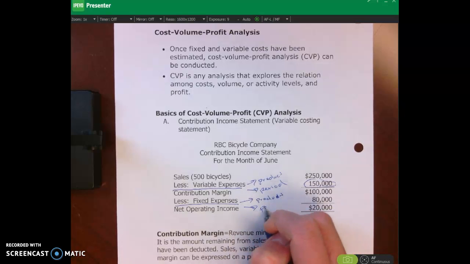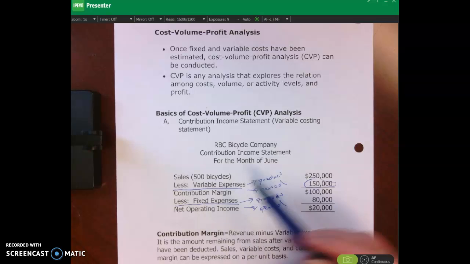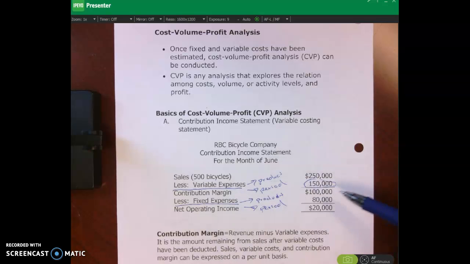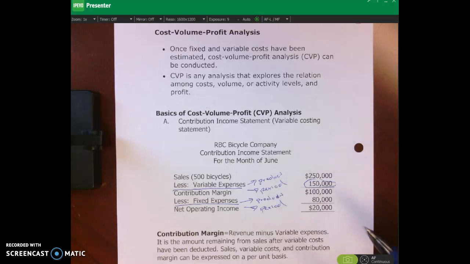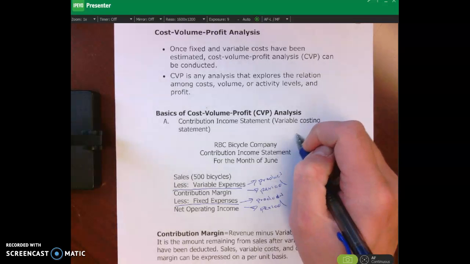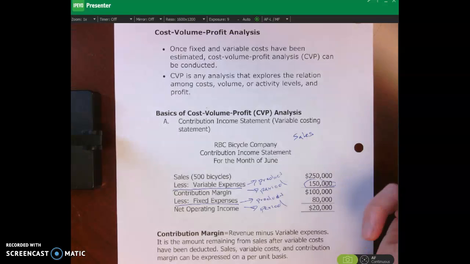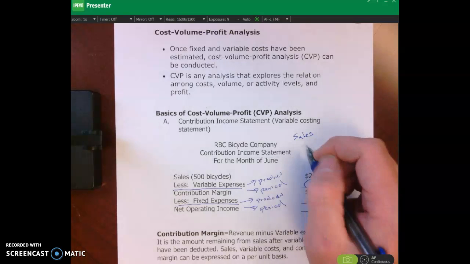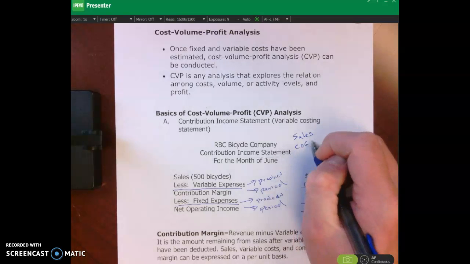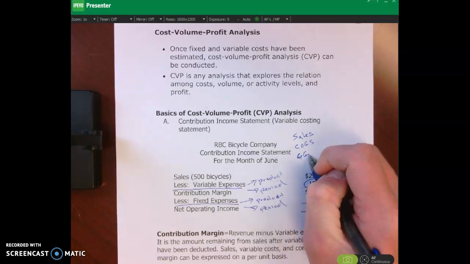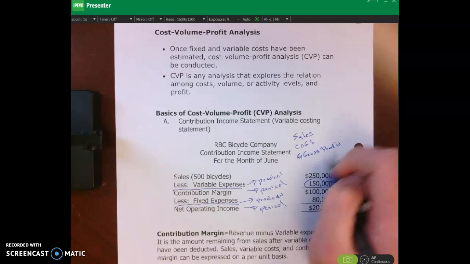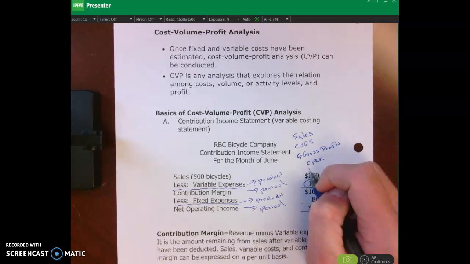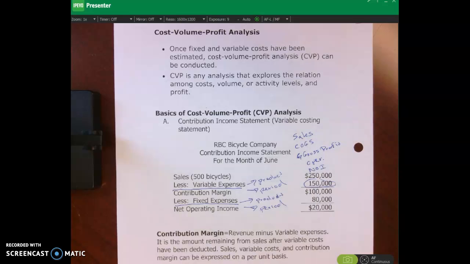So with our contribution income statement, we're separating out our expenses by behavior, variable versus fixed, not whether they're product or period. Because remember, with the original income statement we've talked about so far, we have our sales, we have our cost of goods sold, which gives us our gross profit, and then we have our operating expenses, and then our net operating income, our NOI.